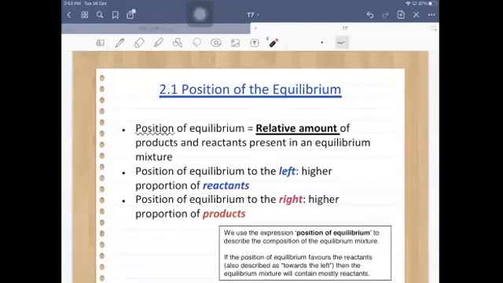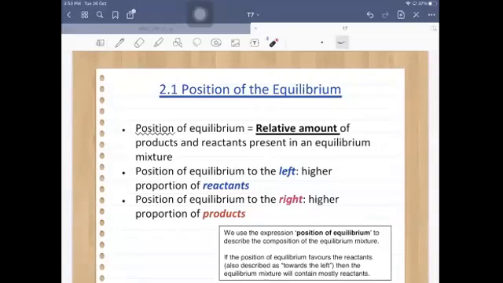The position of the equilibrium actually can tell us the relative amount of the products or the reactants that we have in an equilibrium mixture. The amount can be moles or concentration.